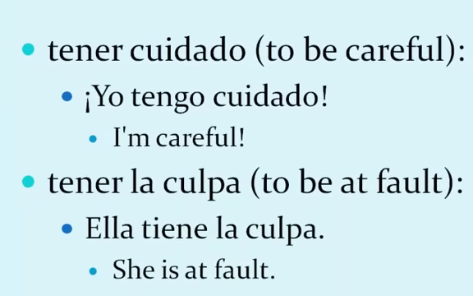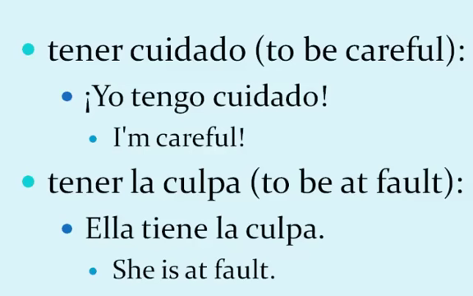To say to be at fault, I might ask you, how do you say to be at fault? Tener la culpa. That's the infinitive. Okay, it's called the infinitive. When I say tener cuidado, tener la culpa, that means to be at fault, to be careful. Now if you want to use it in a sentence like she's at fault, ella tiene la culpa.